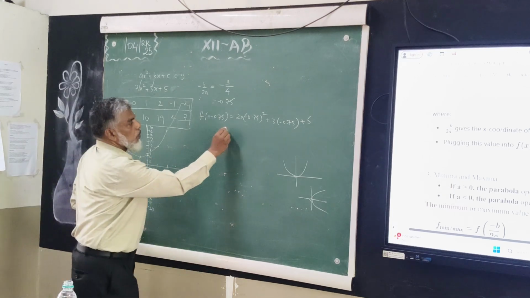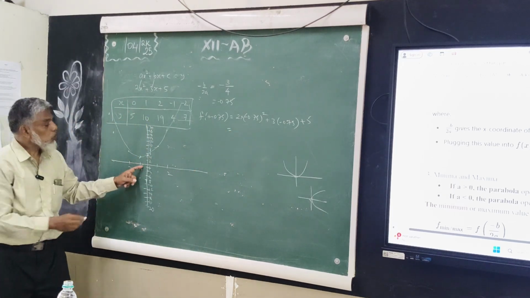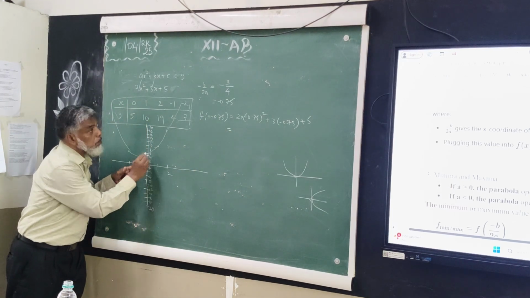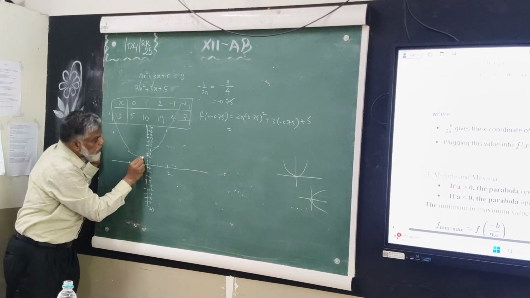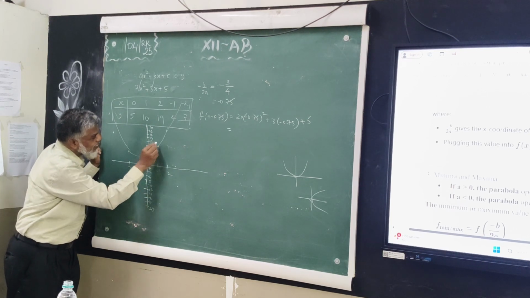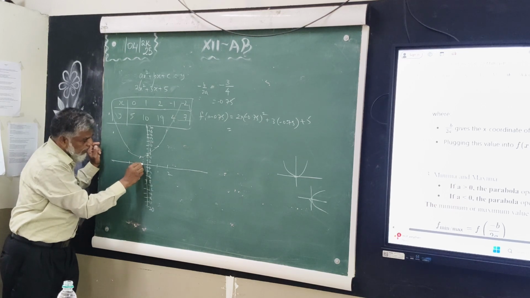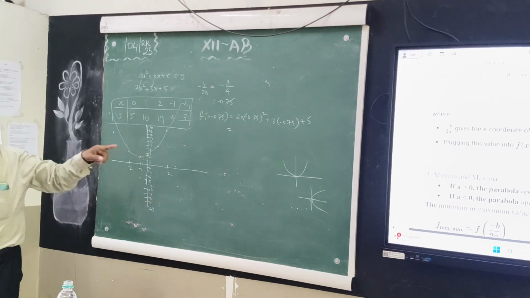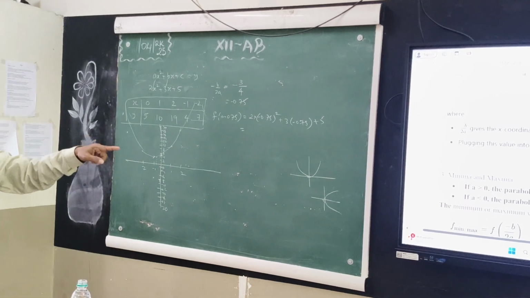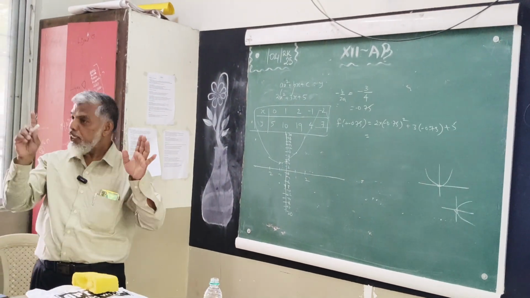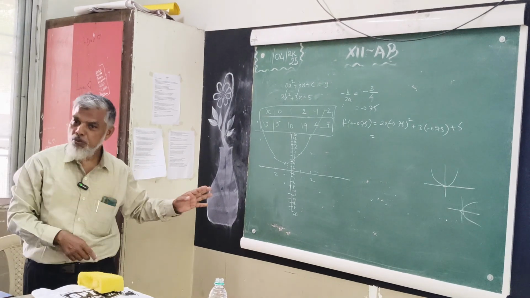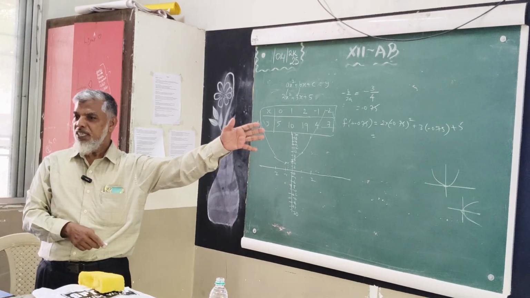And what is the value? Here minus 0.75, this is the turning point. So the turning point occurs here. In the explanation, they have not mentioned the graph, so that's why you have a problem. Once you mention the graph, it will be very easy.